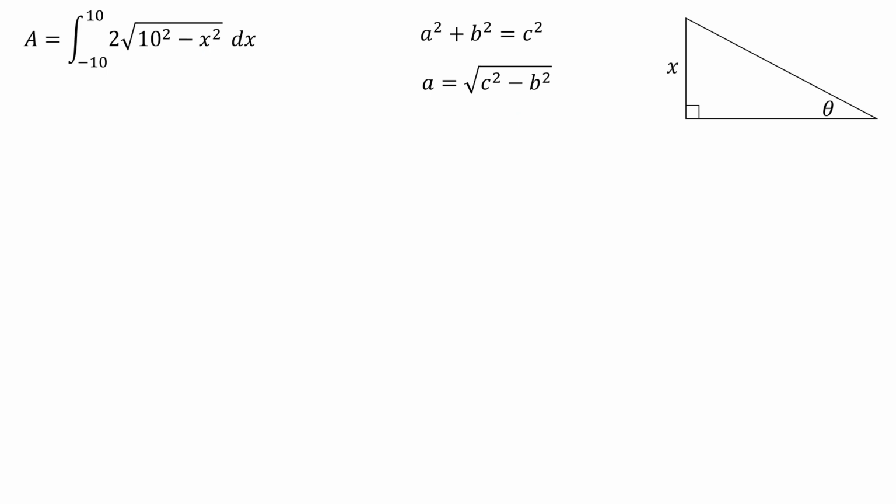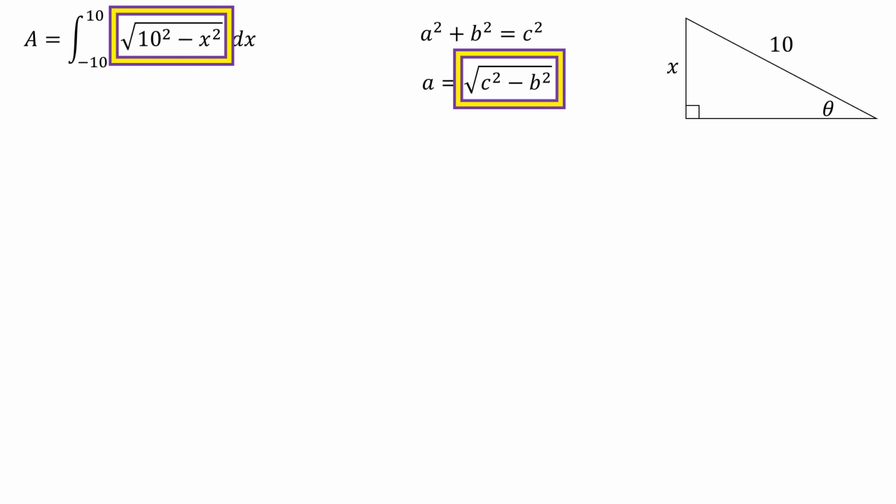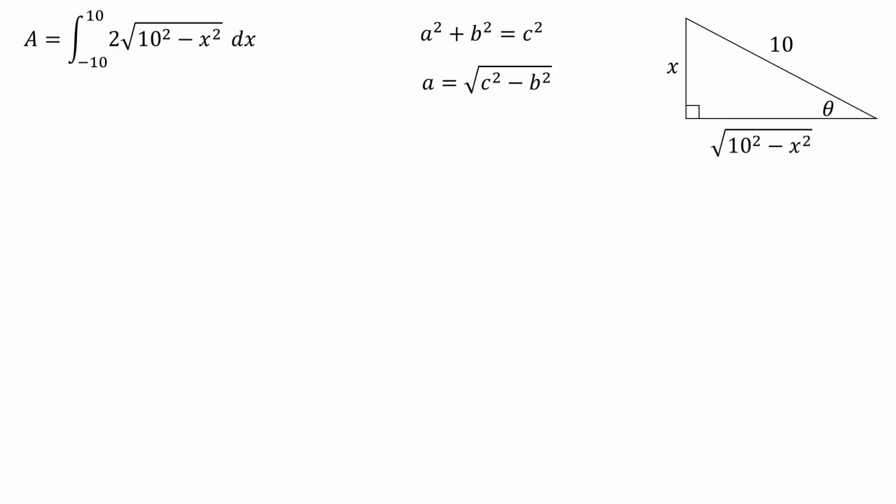X is one of the legs. And of course, 10 has to be C, right? 10 is the hypotenuse. And of course, then the other crazy leg, well, that's going to be the square root of 10 squared minus x squared, right? And that's the side we want to avoid using because that's really messy.